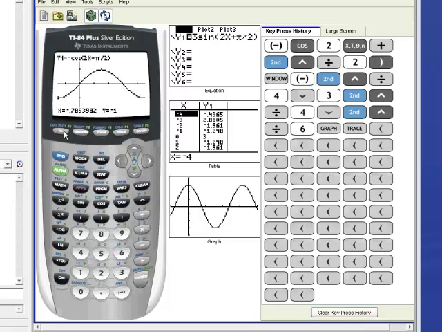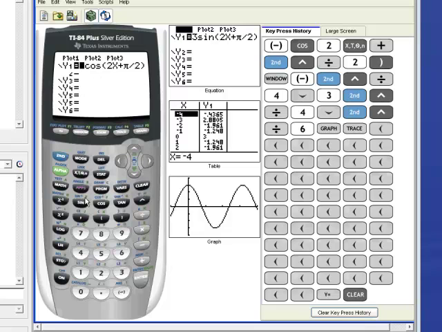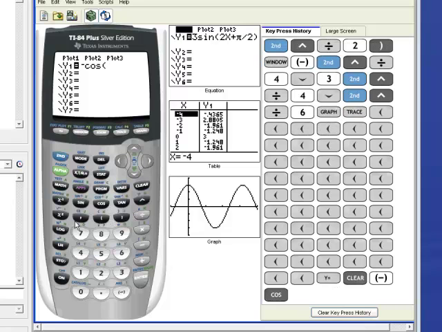Okay, let's do the other two, and I'm just going to read them off my script here so I don't have to go back and forth to Word. It's pretty much the same deal here, so it's going to be a negative cosine 2x minus pi over 2.